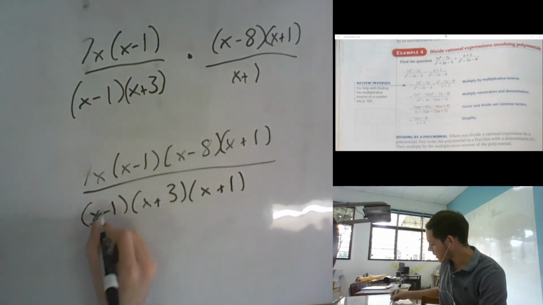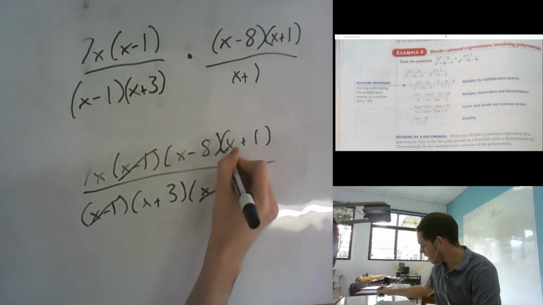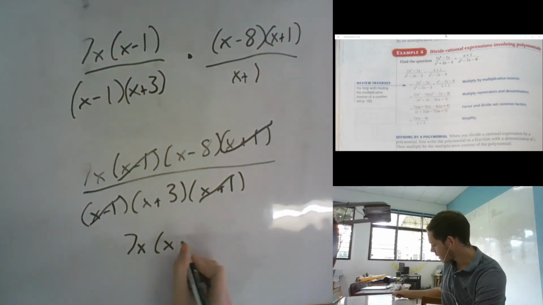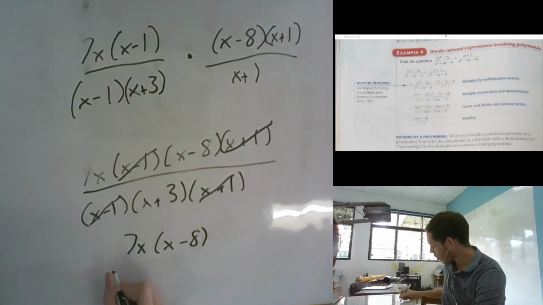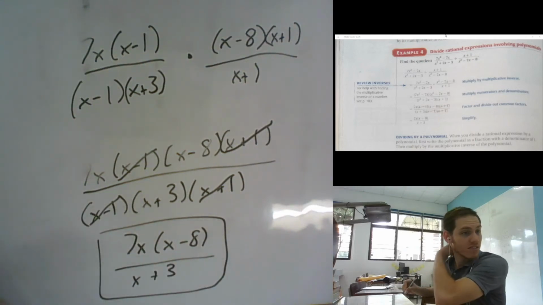So it cancels x minus 1, x minus 1, x plus 1, x plus 1. So we get 7x, x minus 8 over x plus 3. Okay, and that would be our solution. You don't need to multiply this out.